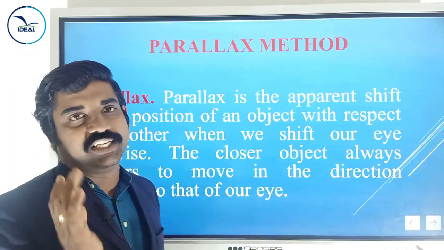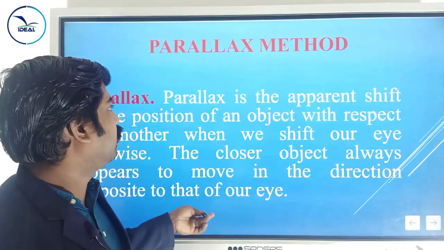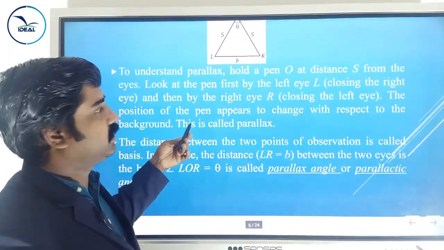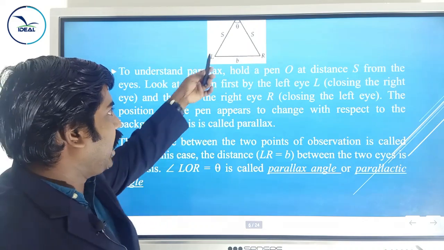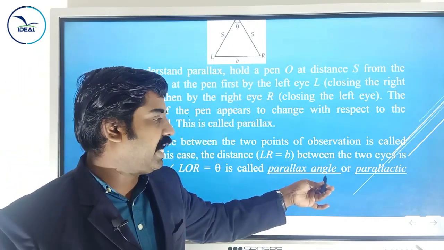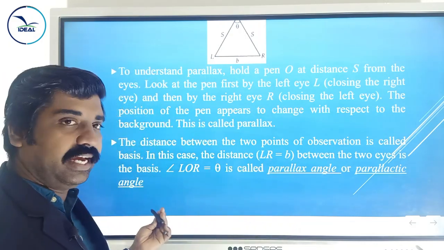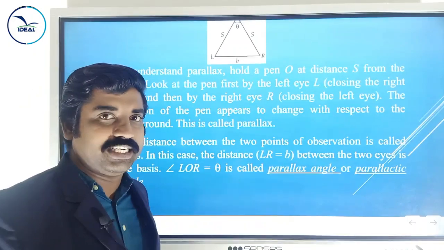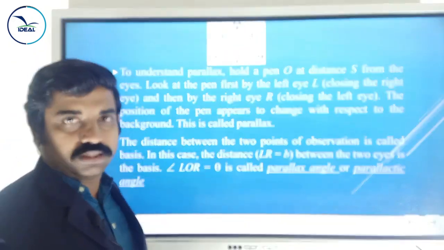That shifting is called parallax. The angle made is called the parallax angle or parallactic angle, and the distance between the observation points is called the base.